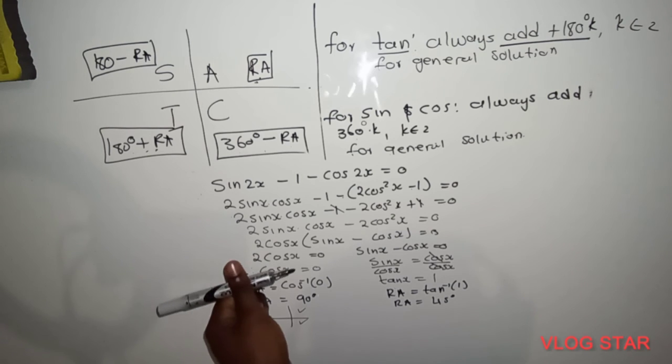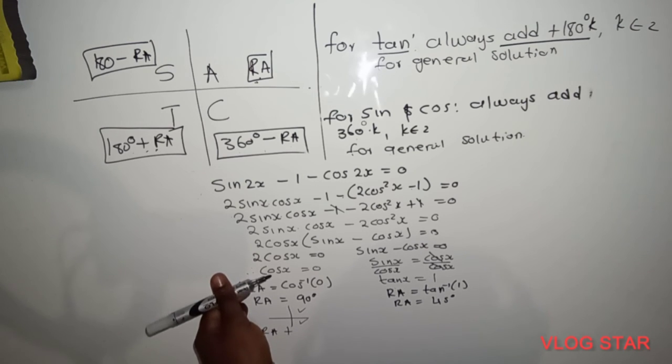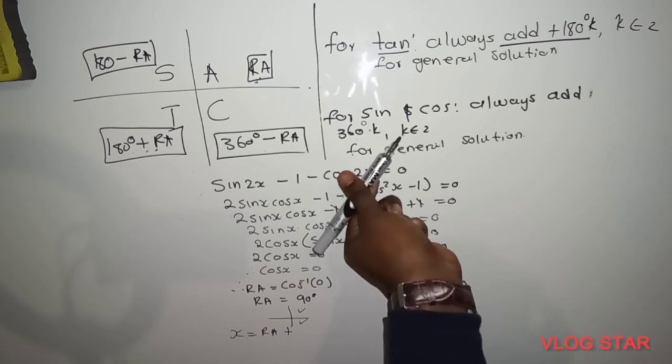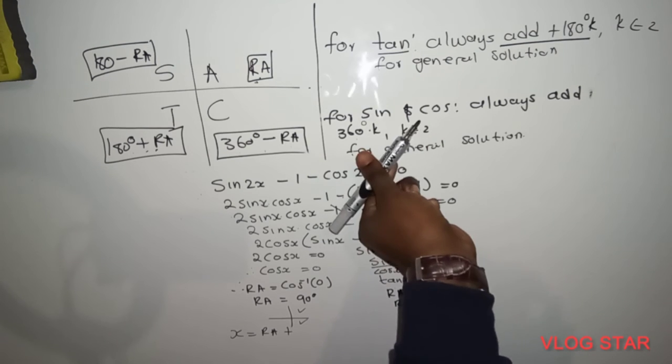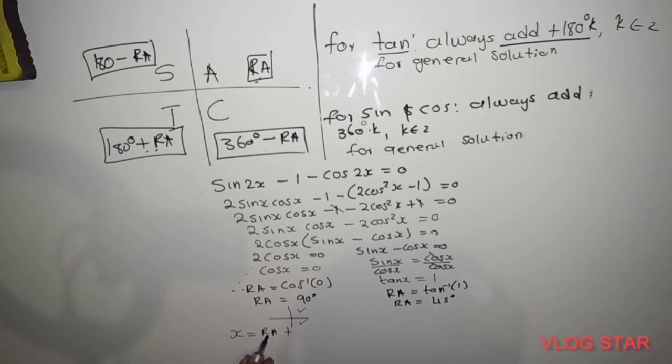Because we're dealing with just the x, you're going to write x is your reference angle plus, since it's still dealing with the cos, we have to add 360 degrees dot k, because for sine and cos we always add 360 degrees dot k.